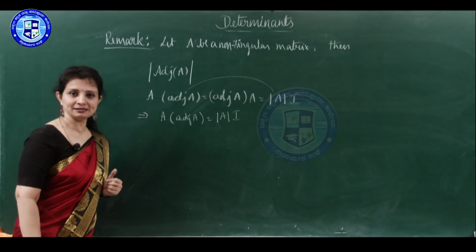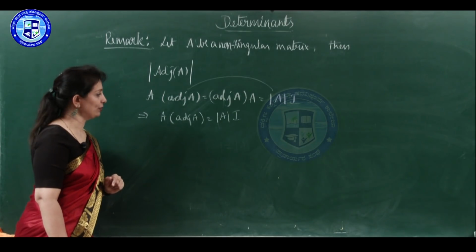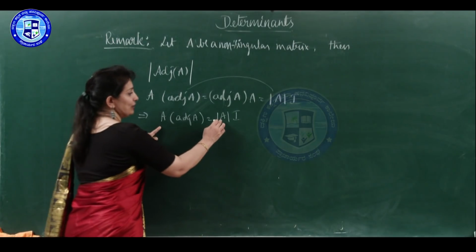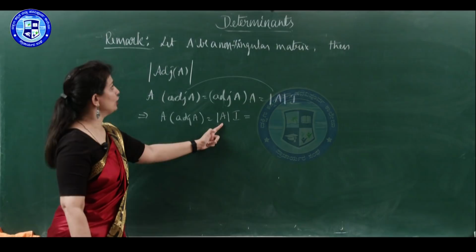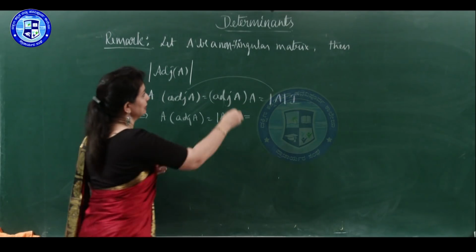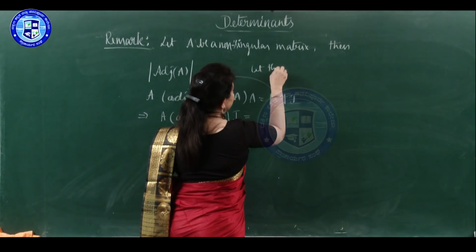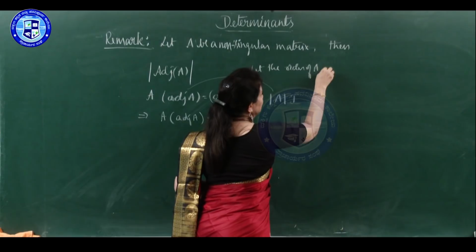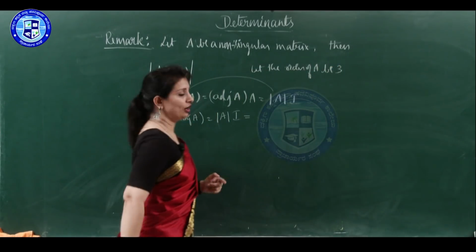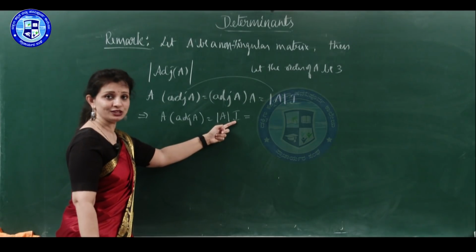We can write A into adjoint A is determinant A into I. Now, what is I here? If A is a square matrix of order 3, let the order of A be 3, so I is an identity matrix of order 3.